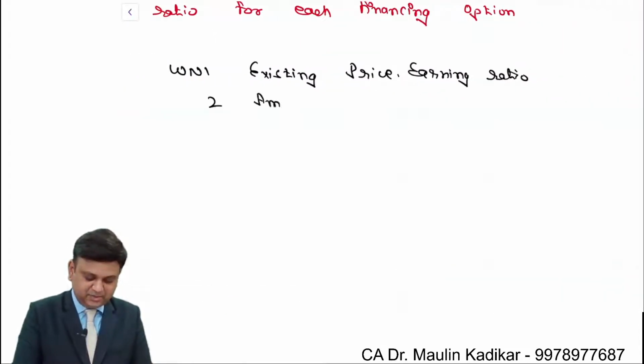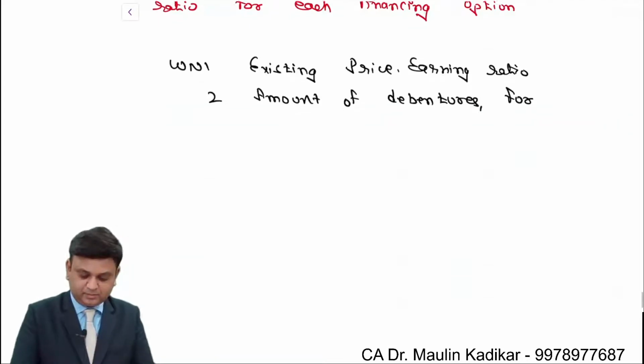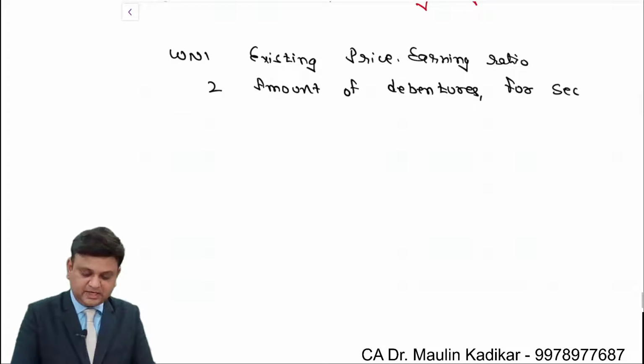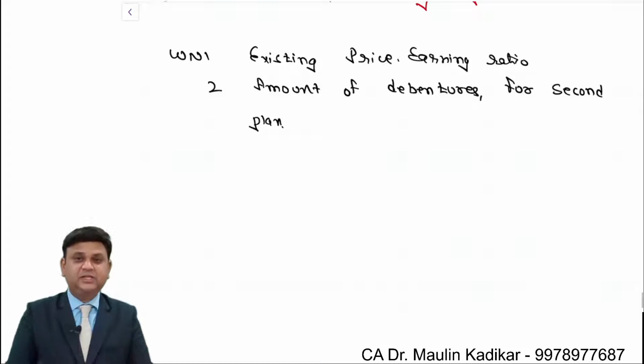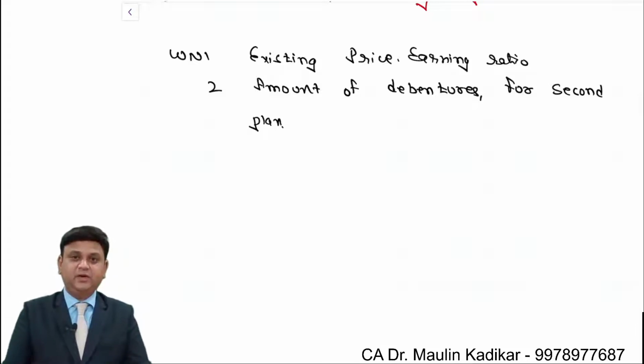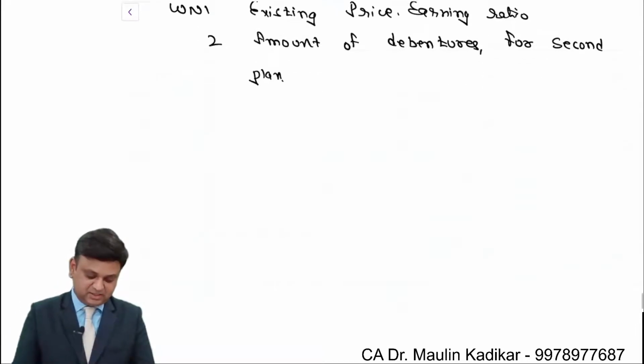Amount of debentures, for second plan, because in case of second plan what will happen, we are going to have the combination, that is the reason.